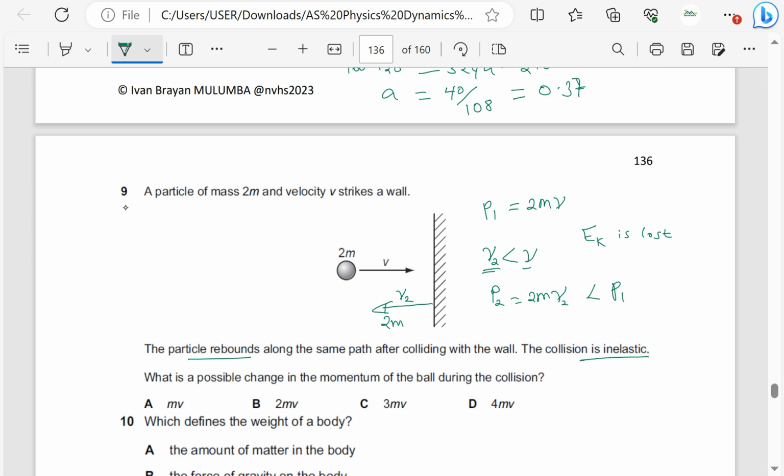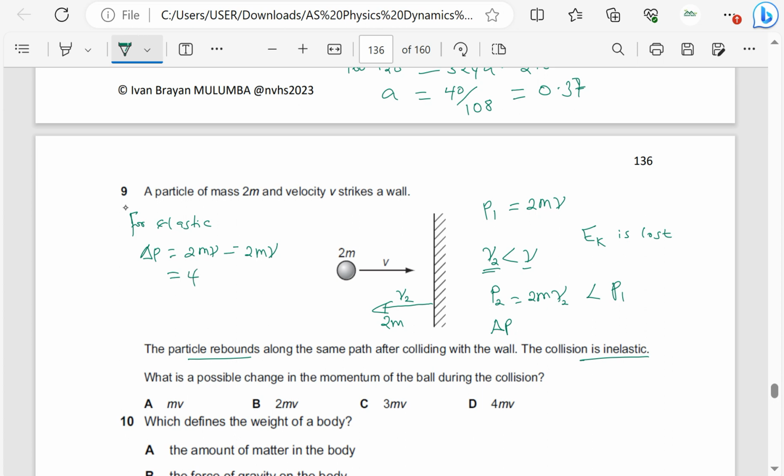Therefore, the change in momentum, if the collision was elastic, would be, because the velocity v will be the same, 2mv towards the wall minus negative 2mv away from the wall.